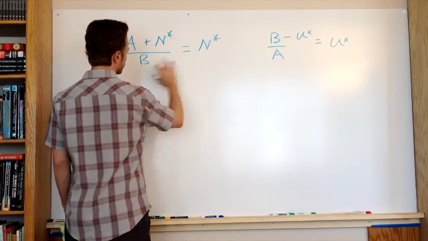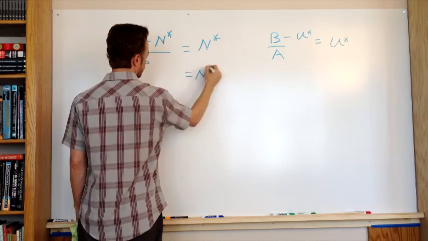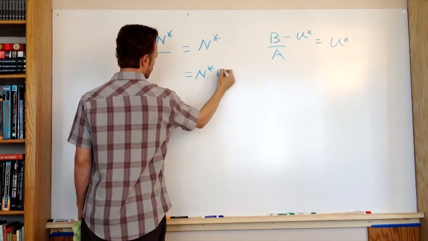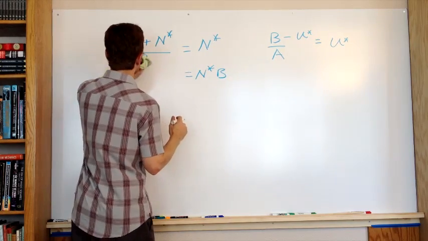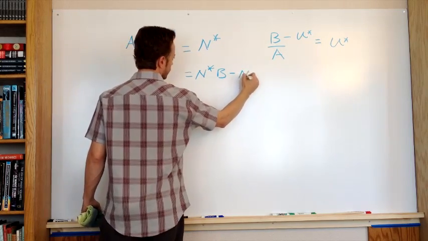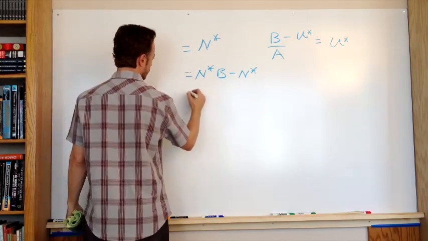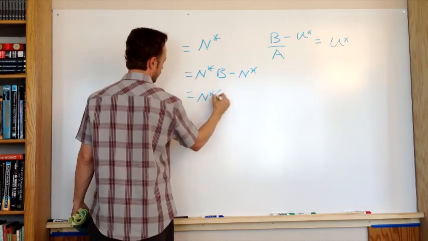And what we can do is multiply over b, so we end up with n star times b. So this goes away. Now we can subtract over the other n star, so that goes away. Now we can factor out the n star.